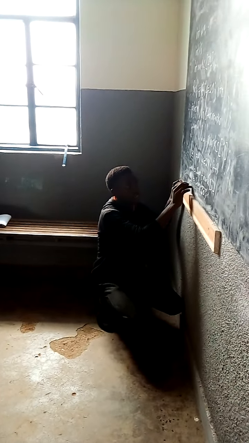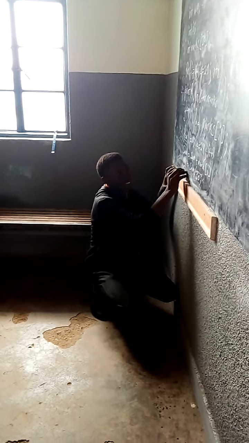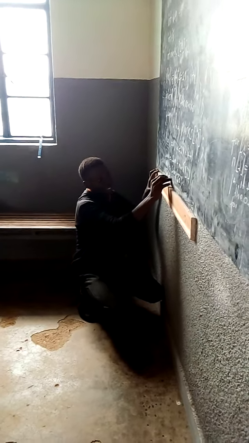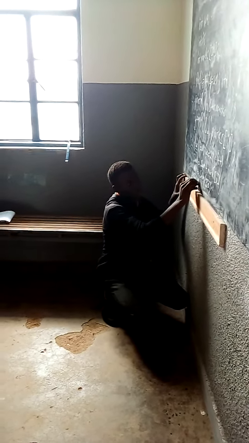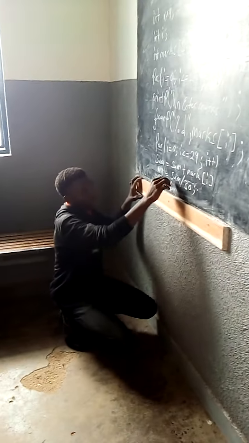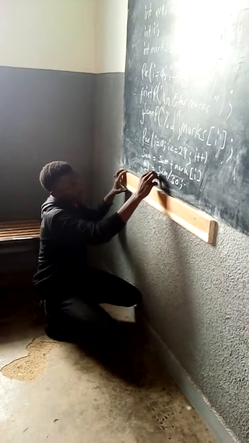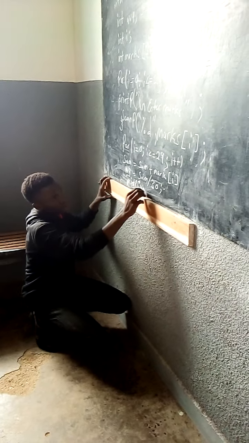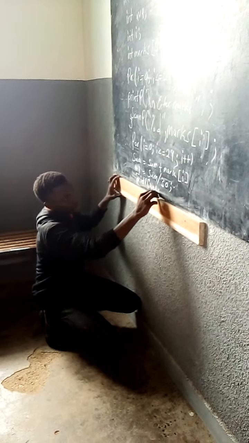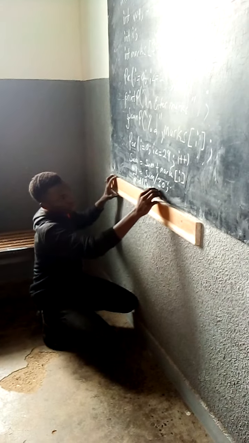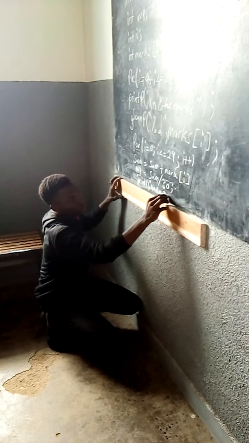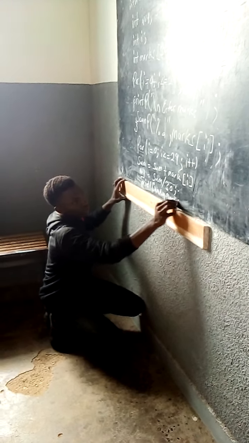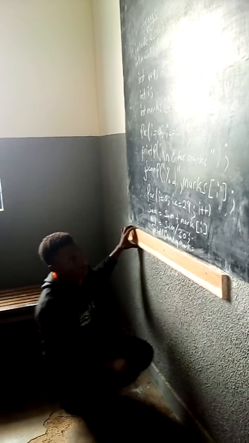Then you are going to say printf, open bracket, quotes, backslash n, average max is equal, percentage d.